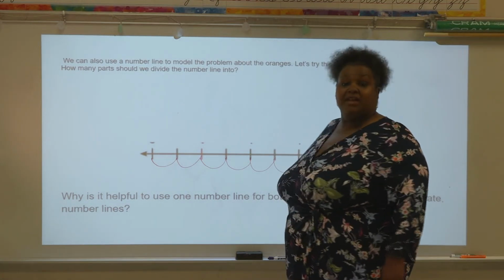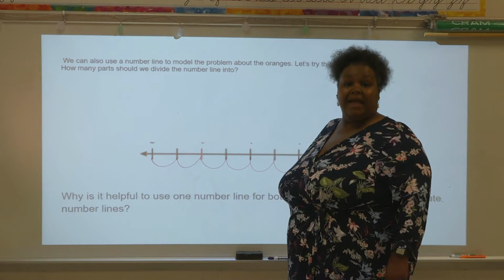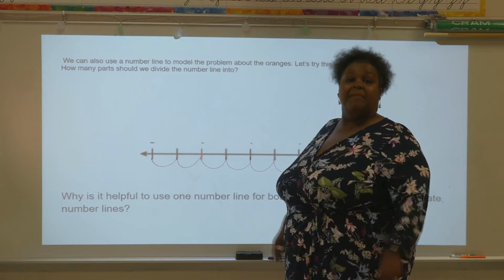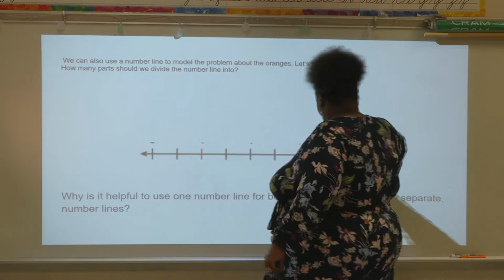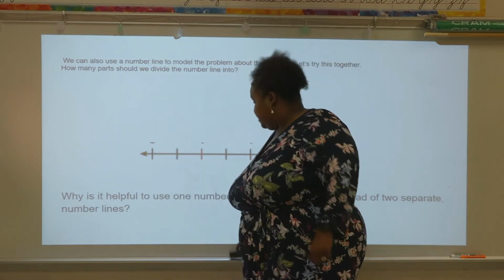I was able to count 8 equal pieces on my number line. So if I had to make a number line, I would do the exact same thing. I would draw my line and make 8 equal pieces. I'm going to label the pieces.